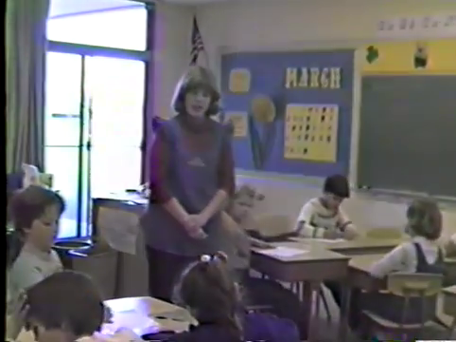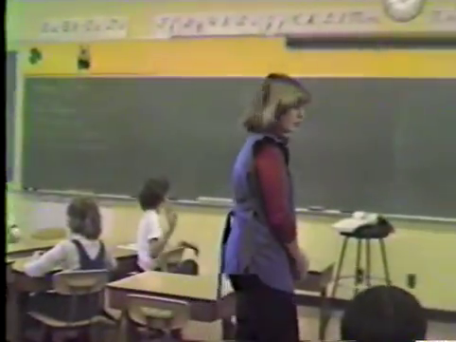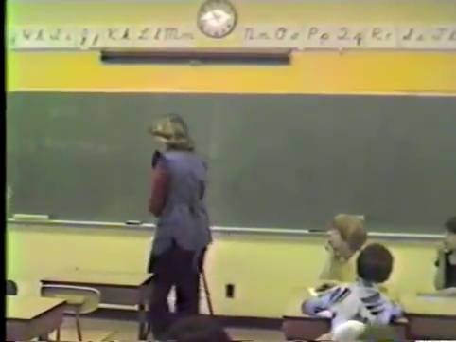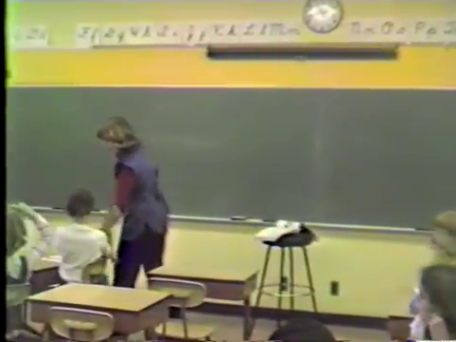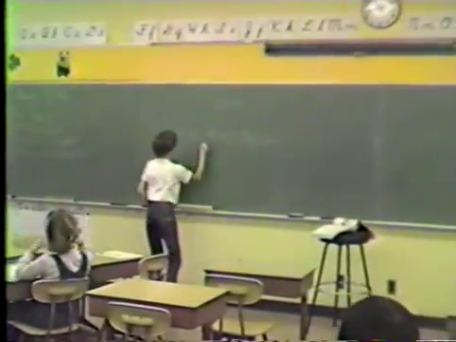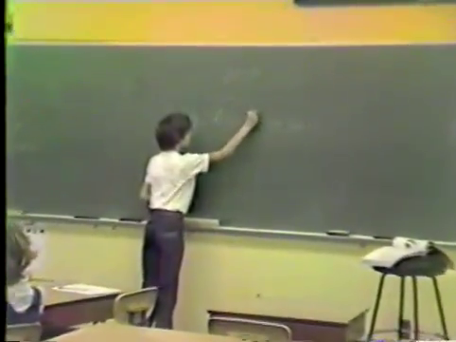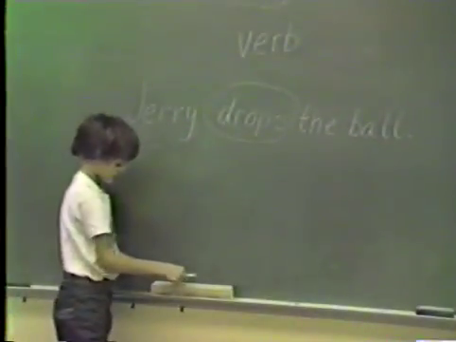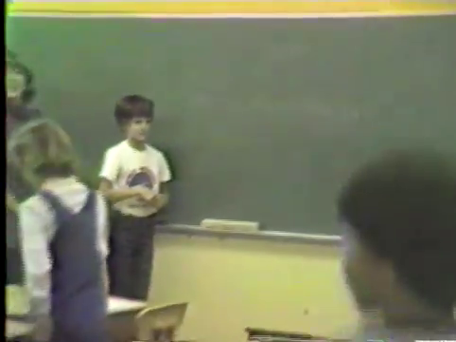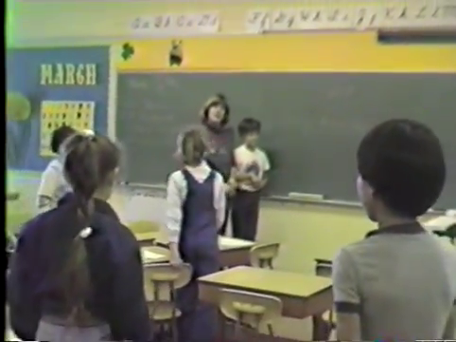Remember that a verb is an action word. Matt's going to go up and circle the verb. Will you please check your paper with what he does up on the board? Stand up if you got it right. Look, everyone in the class stood up.